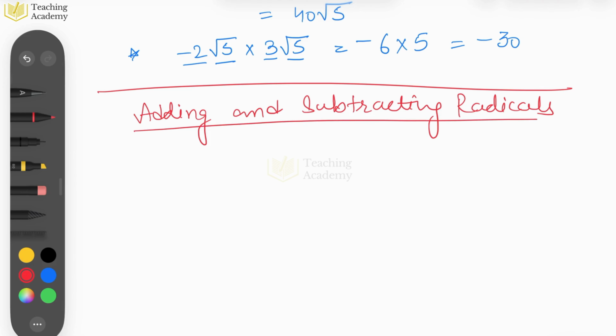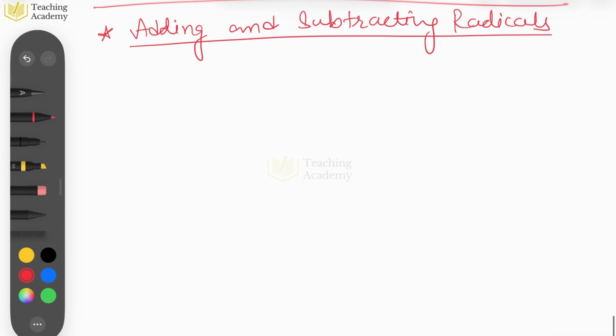So for adding and subtracting, one thing is very important which you always need to remember: when you're adding or subtracting something, it should be a like radical. If you see a like radical, then you're going to add it or subtract it. Otherwise, you're going to leave the radicals as they are.